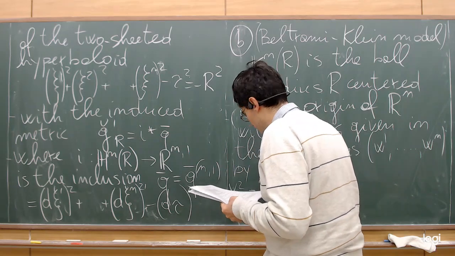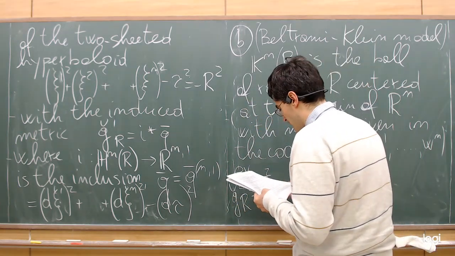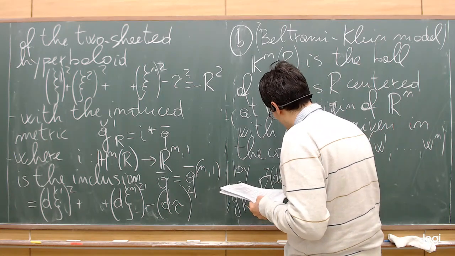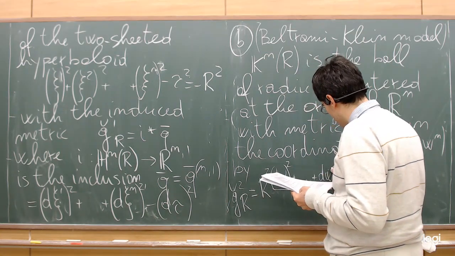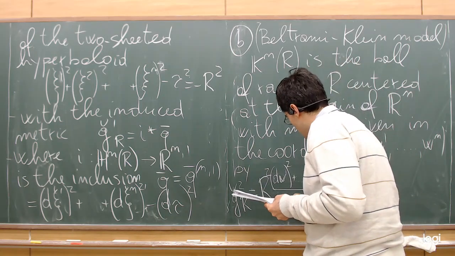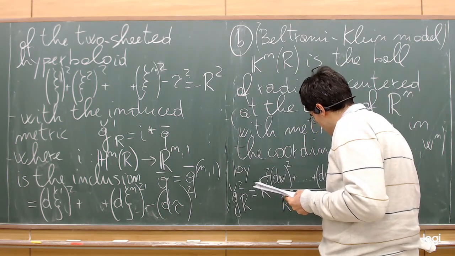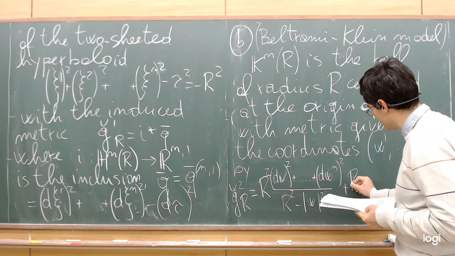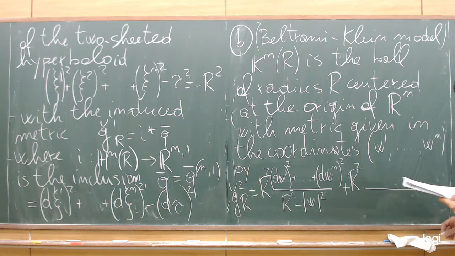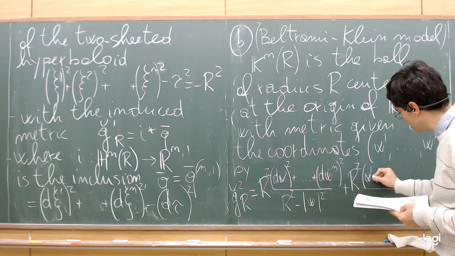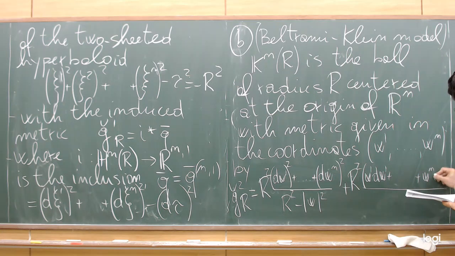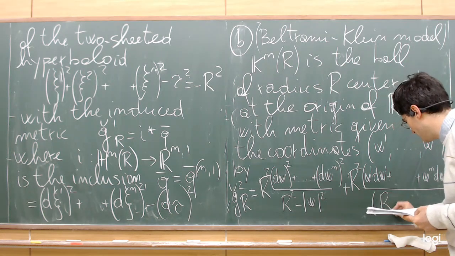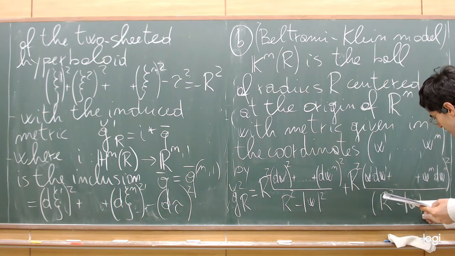This is R squared times (dw1 squared plus ... plus dwn square) over (R square minus length of w square) plus R square (w1 dw1 plus ... plus wn dwn) squared divided by (R squared minus length of w squared) squared.